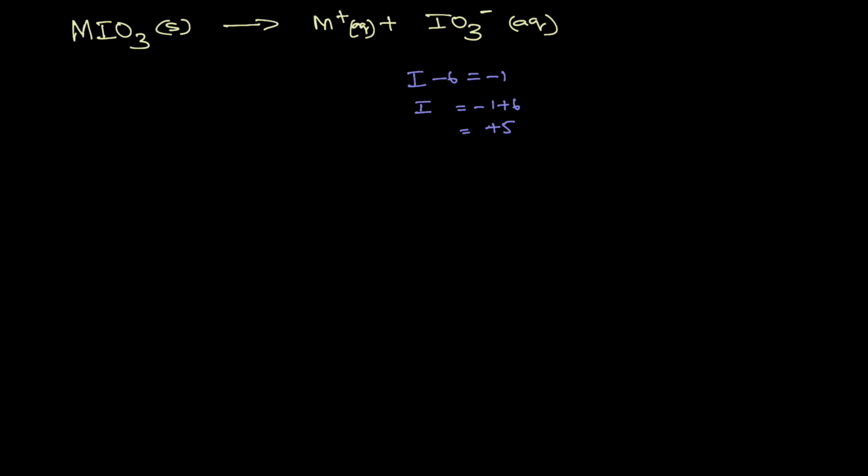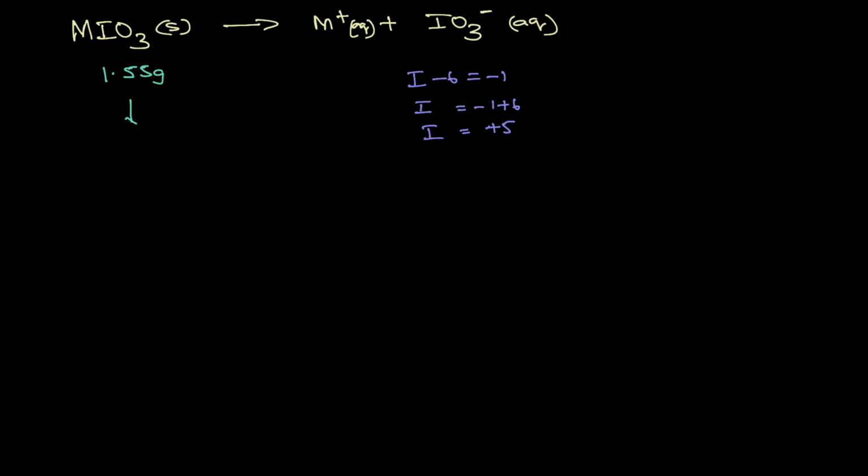Hence we call it iodate 5. In this case, M plus is a spectator species, and the point of this experiment is to find what M is. Okay, so we've got 1.55 grams dissolved in water.